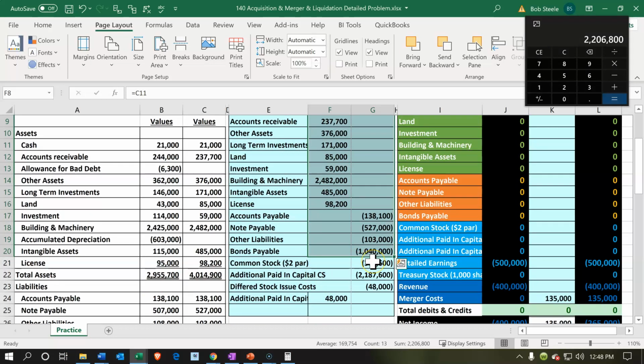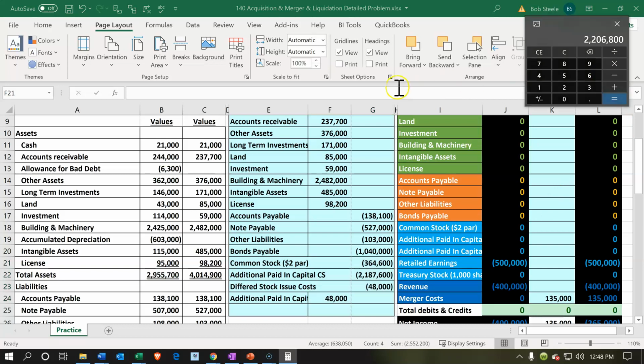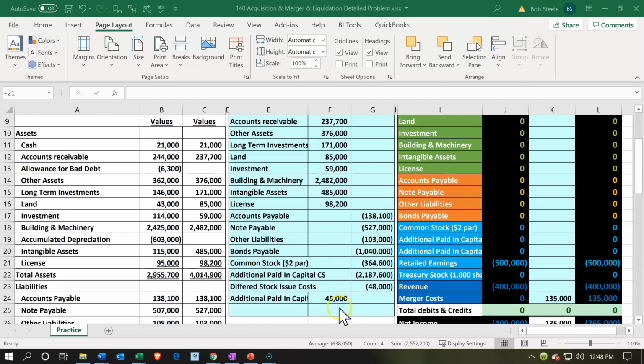This is the value of what we gave up. And you could highlight these two, or these two kind of net out, and that's going to be the 2,552,200. So minus what we paid in terms of common stock, 2,552,200, is going to be a difference of 345,400. So we paid more, the 345,400. Why? Because we assume there's an asset of goodwill in there, some kind of intangible asset like the brand name.